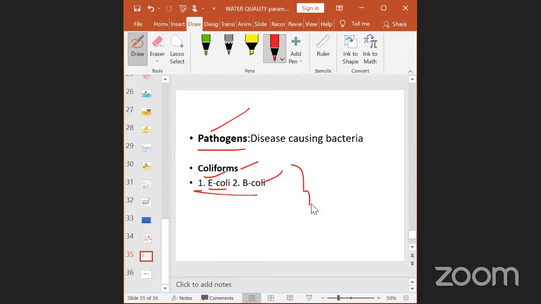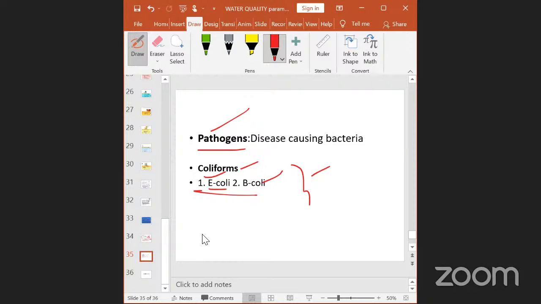They are harmless, but their presence indicates the presence of pathogens. They are harmless aerobic lactose-fermenting organisms.